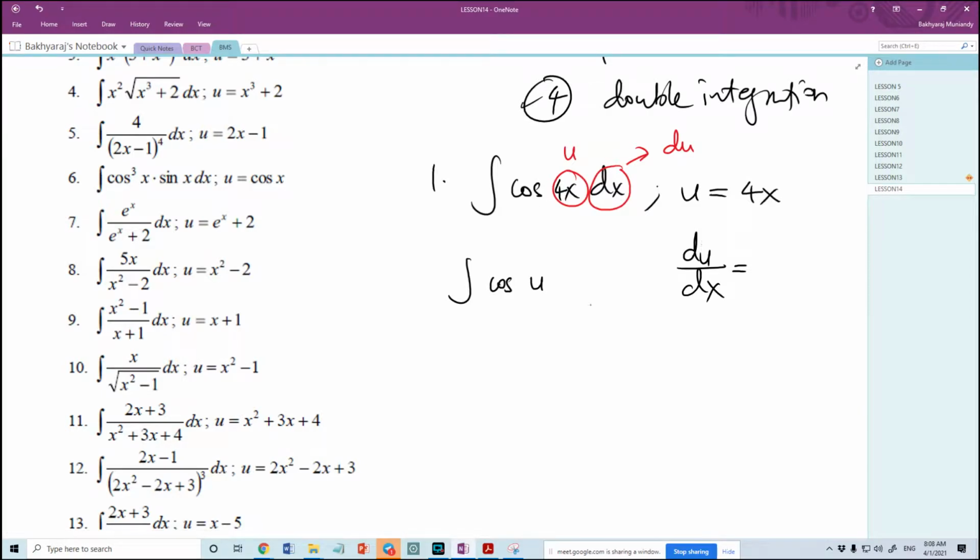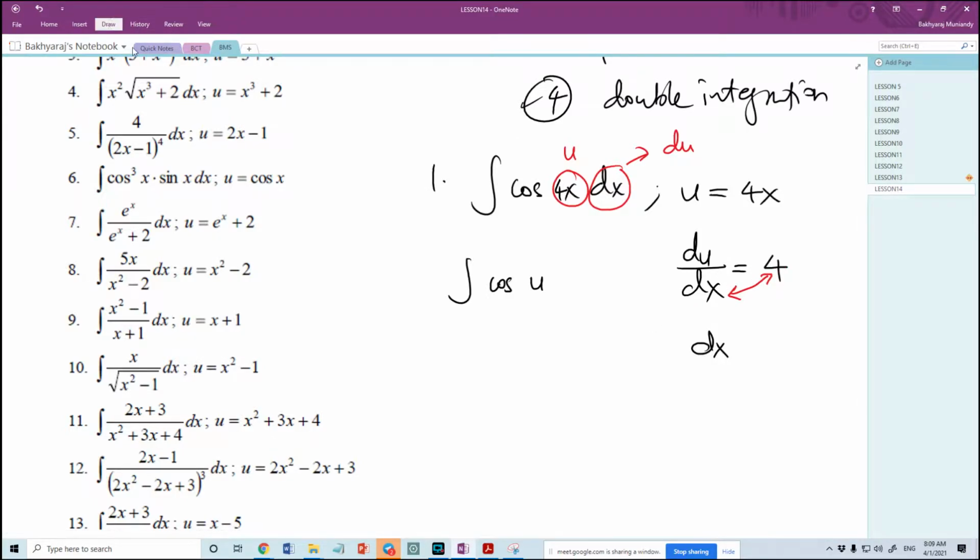It's just 4, because when I differentiate 4x with respect to x, it becomes 4. Now I need to transform this equation so that I get dx. How do I get dx? The dx I bring to the other side, and the 4 I bring down here.